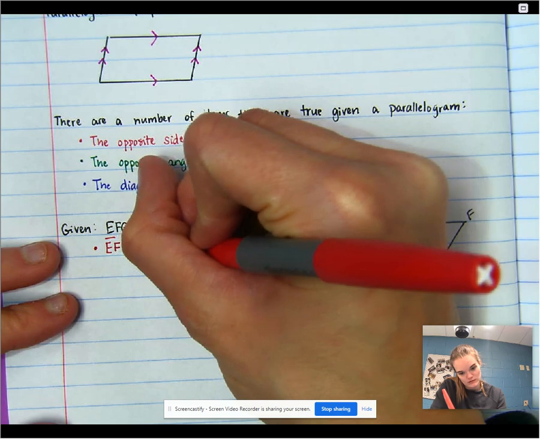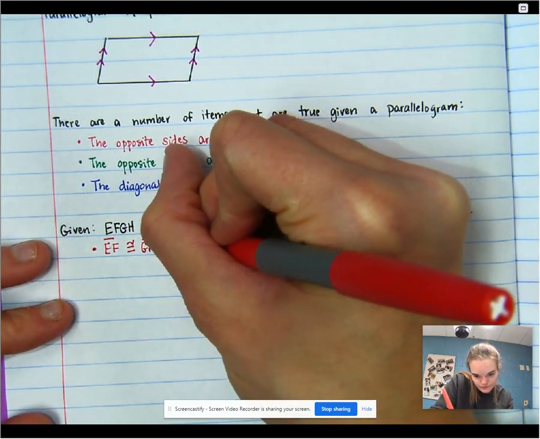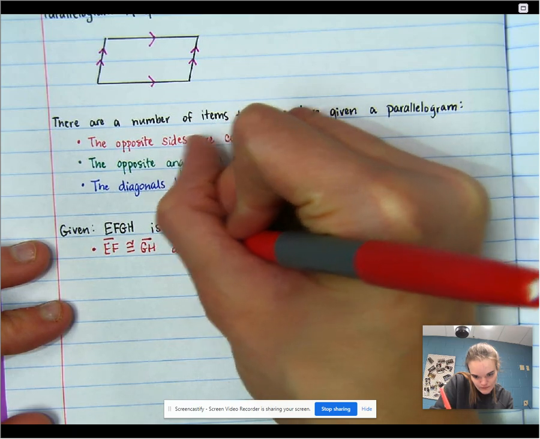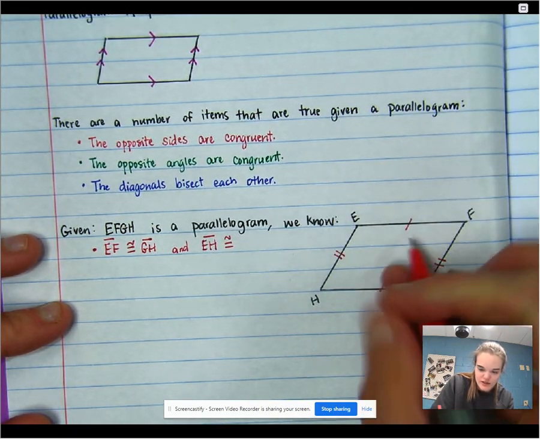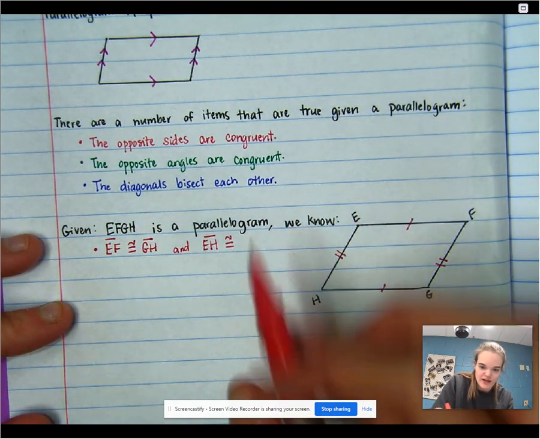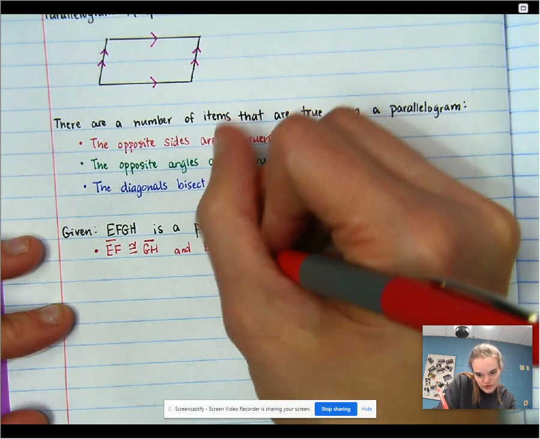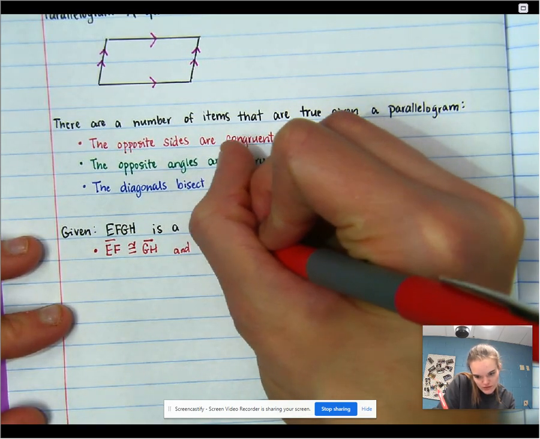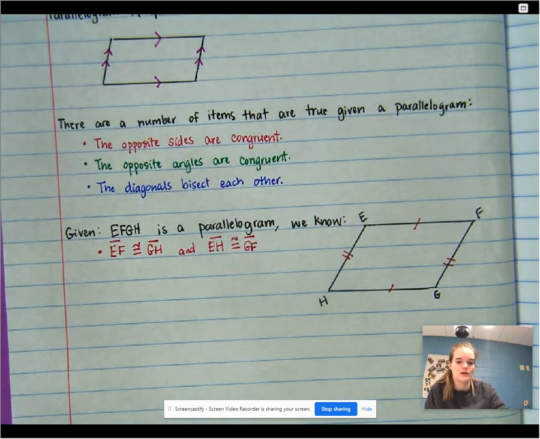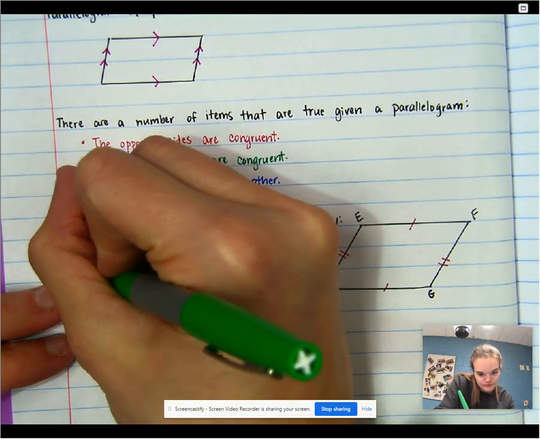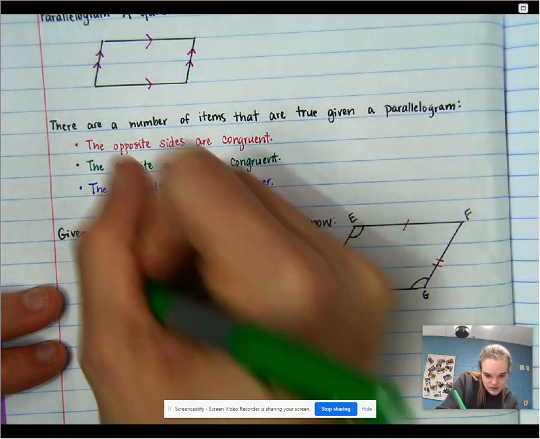And EH is congruent to GF. And the reason it's EHGF is because of the angle piece that we're going to talk about in a minute. So EHGF. Okay, that's the first thing we know. The sides are congruent. Now the angles. E is congruent to G.